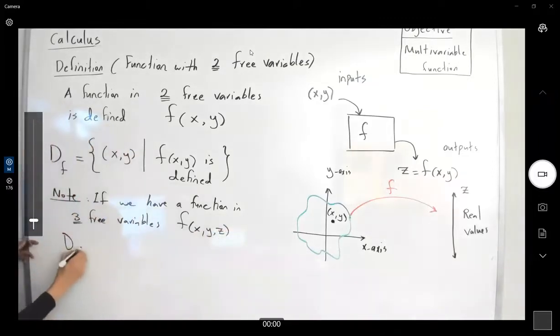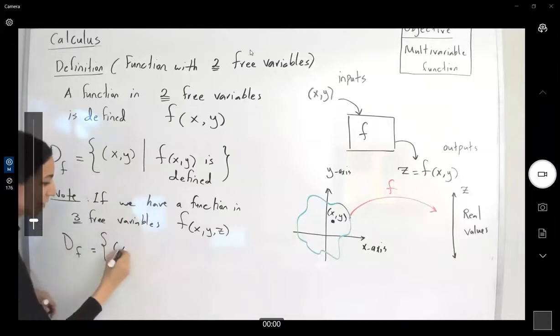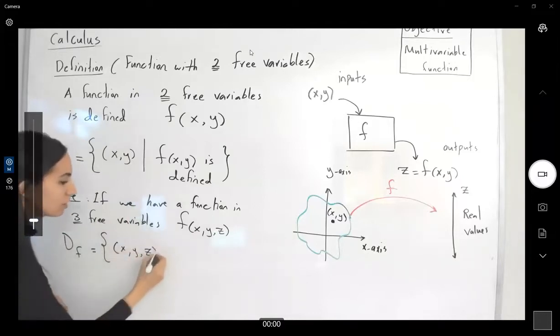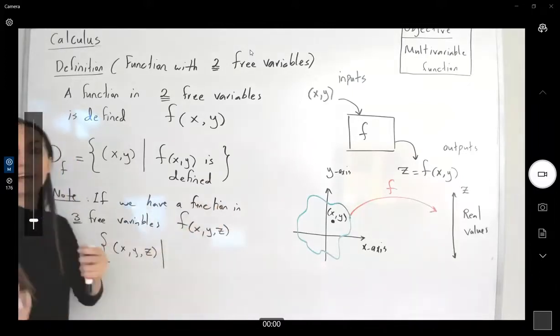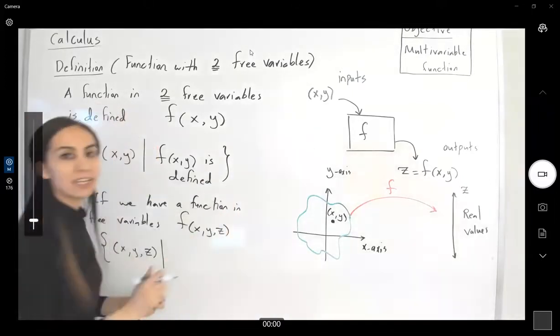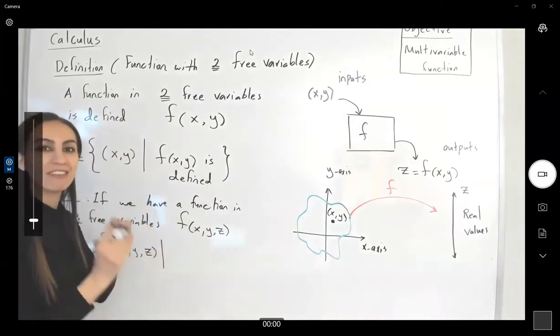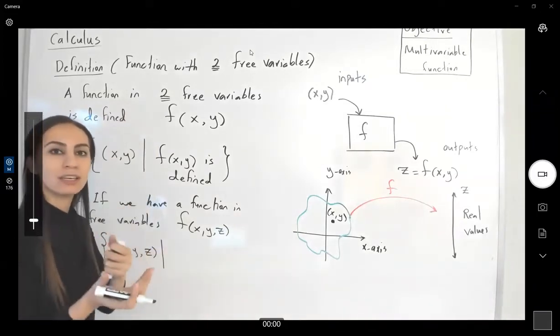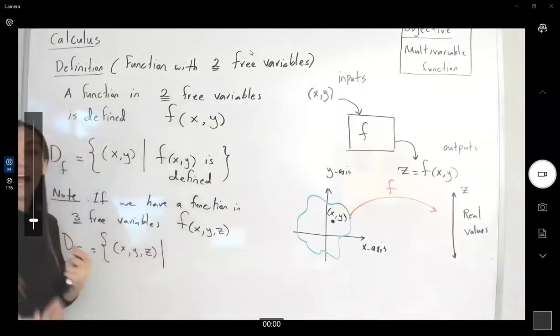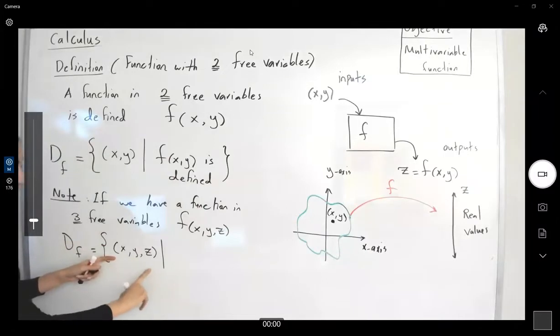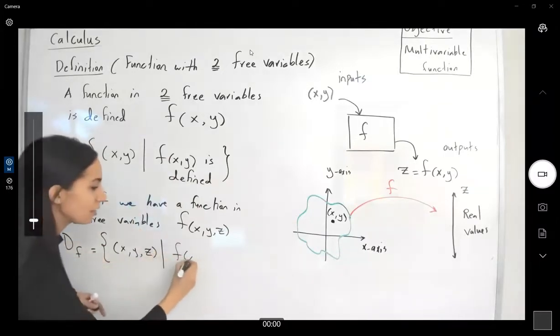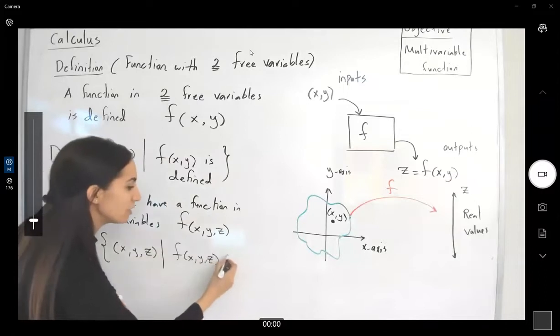The domain of this function includes all triples x, comma y, comma z, such that this output is actually defined. Your machine can take on those values and actually give you a real number as the output. So the domain is the set of all triples x, y, and z such that this output is defined.